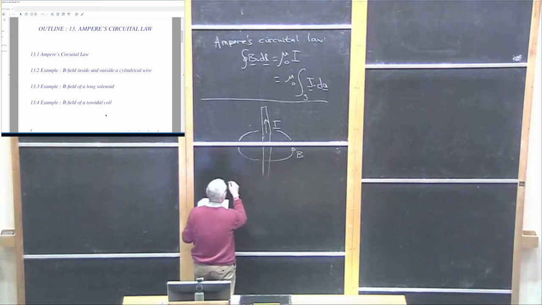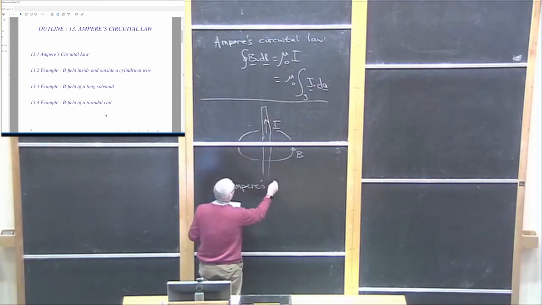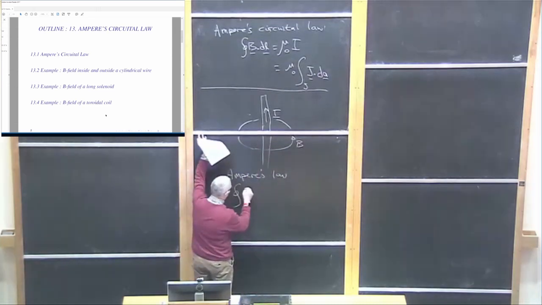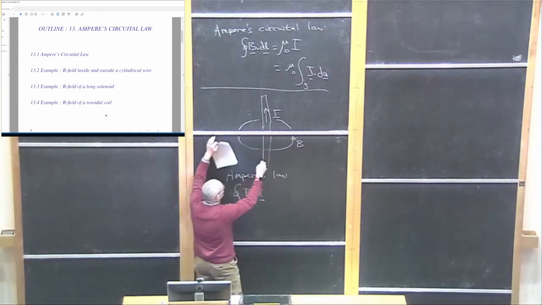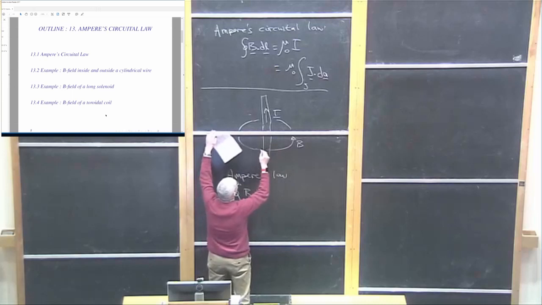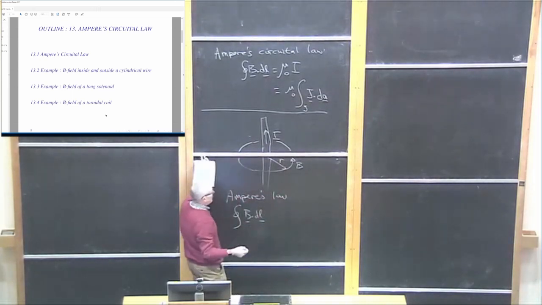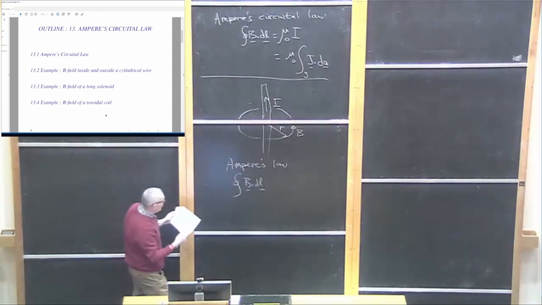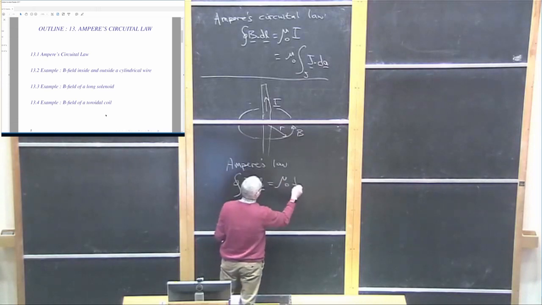So Ampere's law, I'm just going to repeat what's written up there. If I integrate B dot dl around this closed loop, taking a radius r, then this is just equal to mu naught times I.